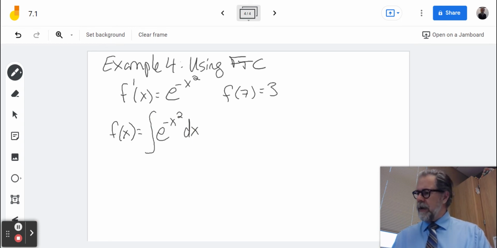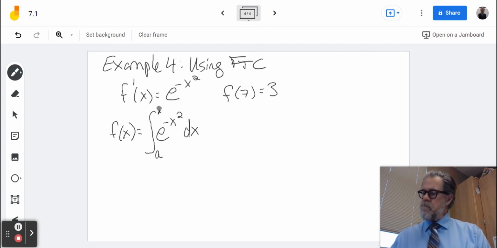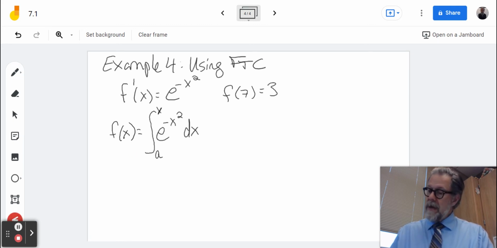The derivative of the integral is the function. The derivative of the integral of e to the -x squared is therefore e to the -x squared, so long as I am going from some starting point to x. So, fundamental theorem of calculus says that the derivative of this is that.